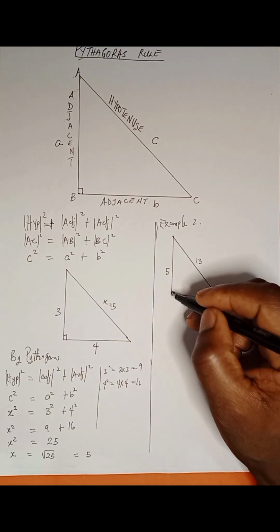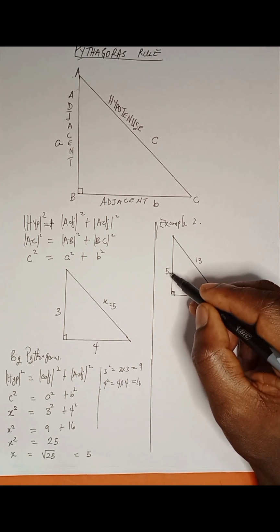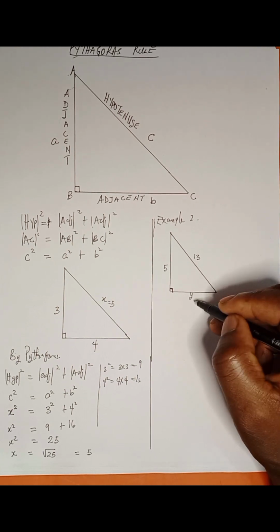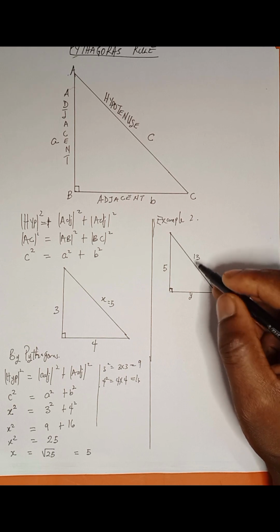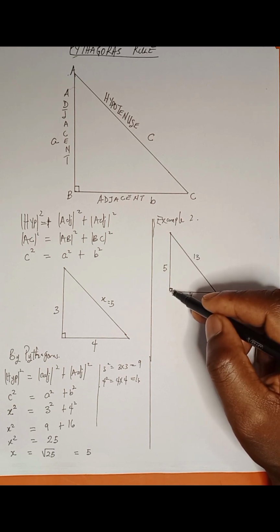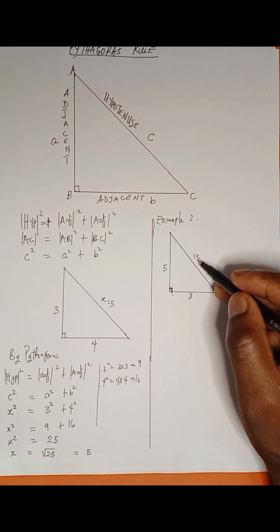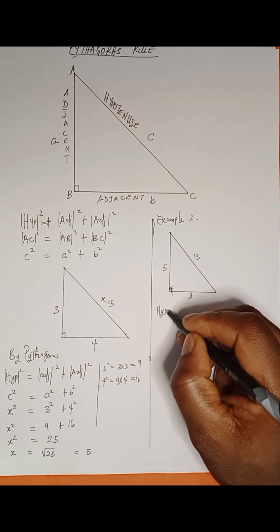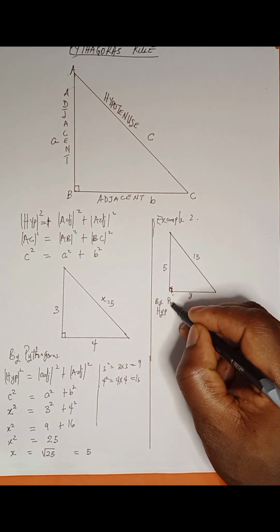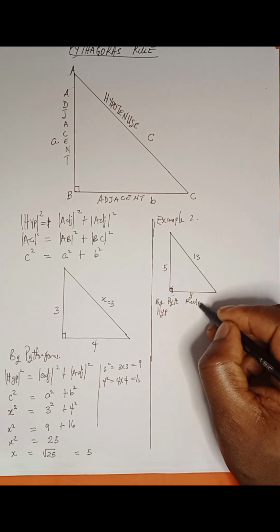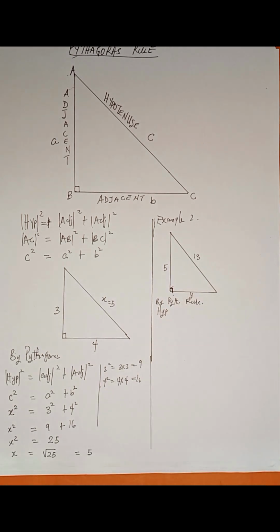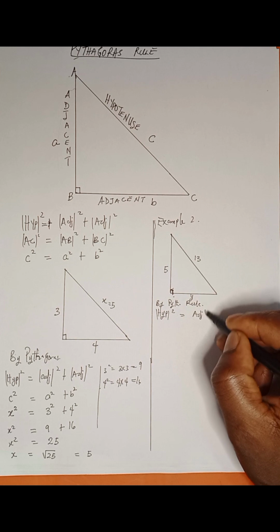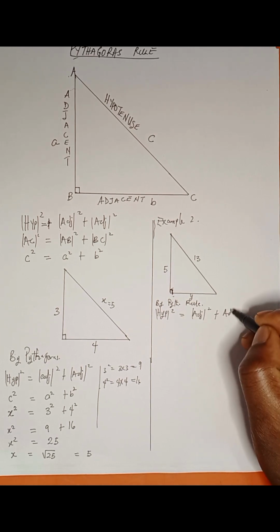Okay, now we have this triangle. One of the adjacent sides is given as 5. The other adjacent side is not given. Let's call that y. And the hypotenuse, the side facing the right angle, is 13. So for us to do this, by Pythagoras rule, we know that the hypotenuse squared is equal to the sum of the square of the two adjacent sides.